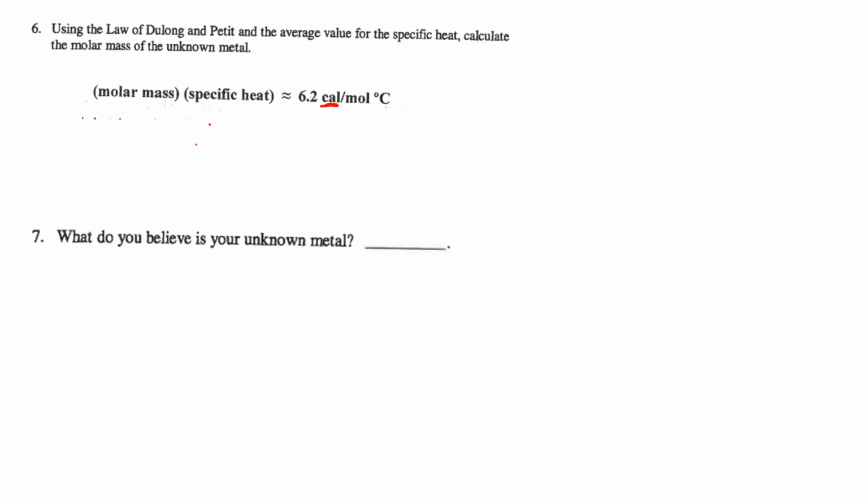So remember that the specific heat that I got right now was joules per gram degree Celsius. So the thing that I know is not going to work right now is joules. So I need to convert that to calories. And the way that I do that is, remember that 1 calorie is 4.184 joules.